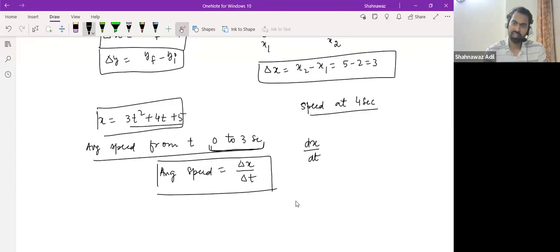So dx by dt gives you what kind of speed?